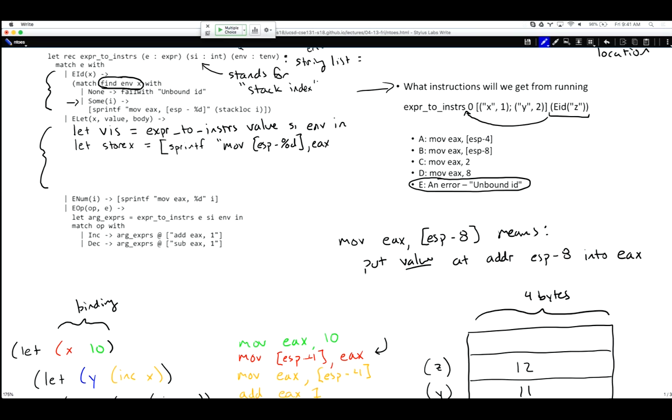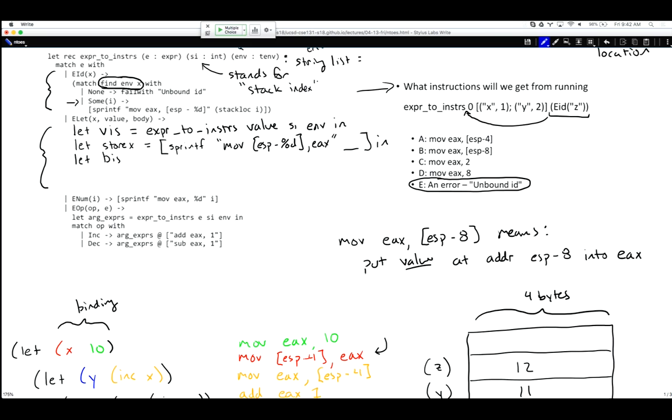We know that when we run this, we're going to have the value that we want in EAX, because that's always what these instructions are going to do. So this is the instruction to store the x value into memory. And I'm going to leave blank here because I want to ask you this in a minute. What we're going to put as that value, how we're going to fill in that value there.